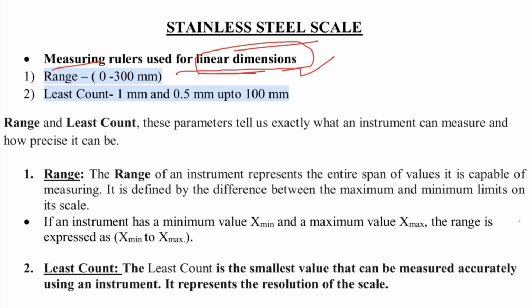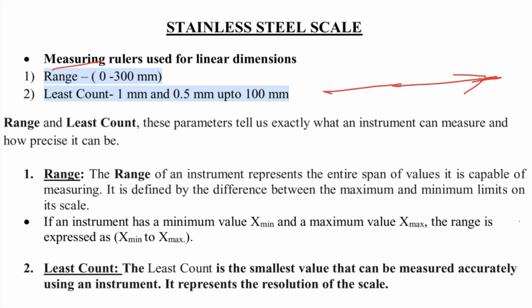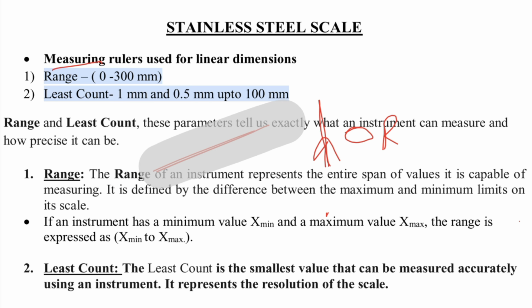It means any dimension which extends in the x direction or in the y direction in a straight manner, right? In a straight and maybe inclined manner. These are the dimensions which we call linear dimensions, right?